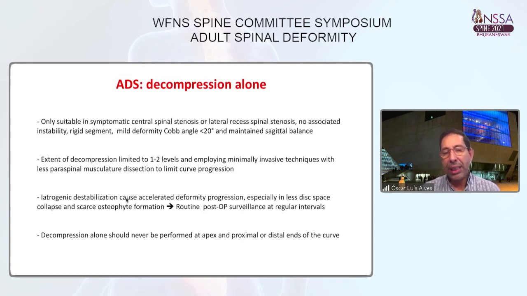Be aware of the iatrogenic destabilization caused by decompression, especially with less disc space collapse and scarce osteophyte formation. So in those patients, you need to do routine post-op surveillance at regular intervals. And decompression alone should be avoided in the apex or proximal or distal ends of the curve.